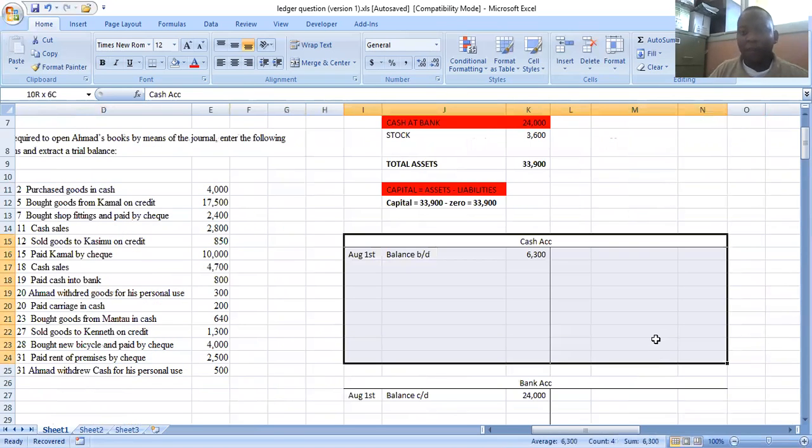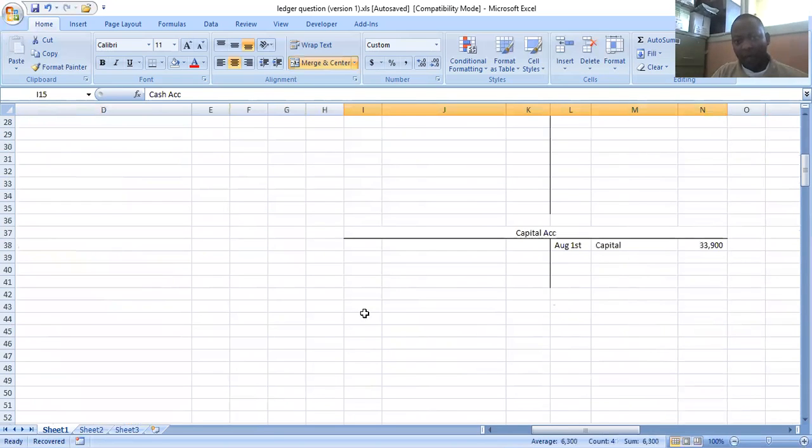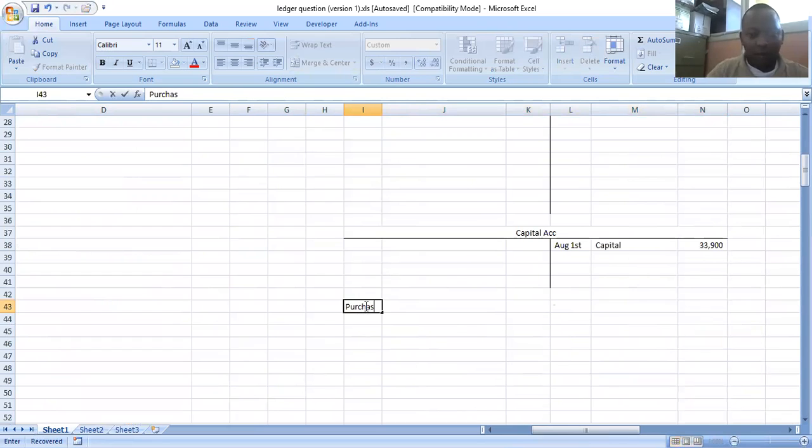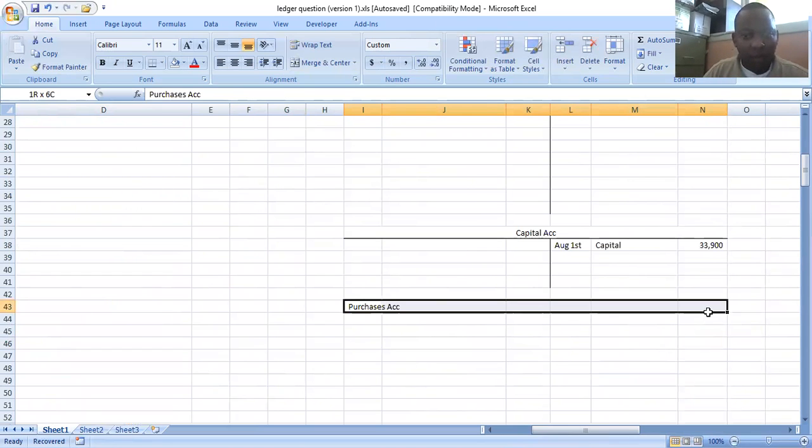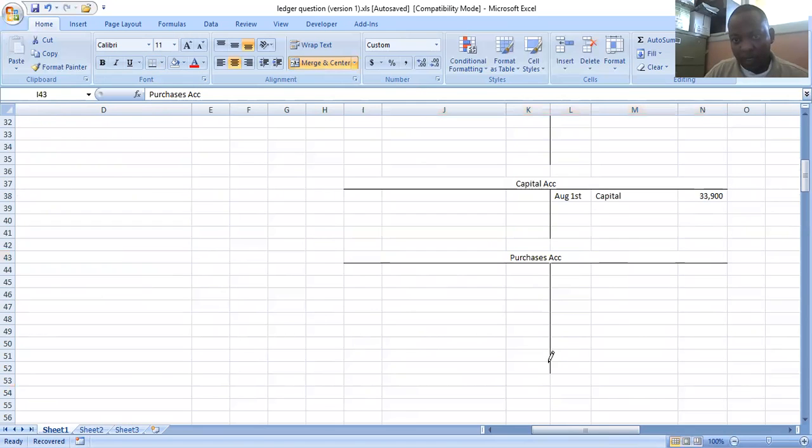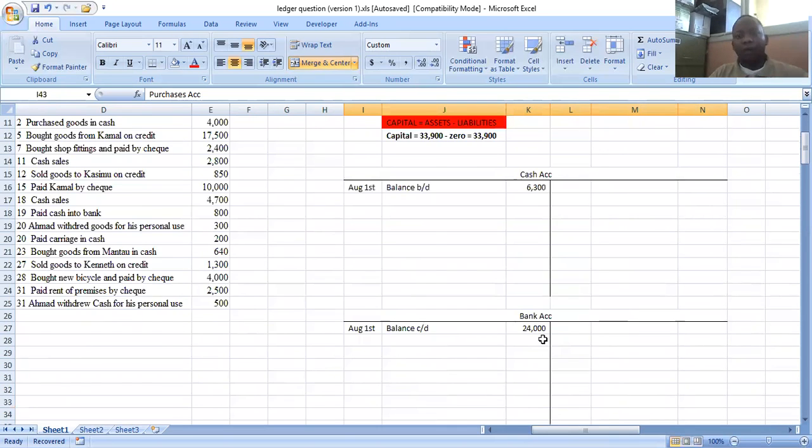We do not have the purchases account as yet, so we open a purchases account. Now, what type of accounts are they? Cash is an asset and purchases is an expense.